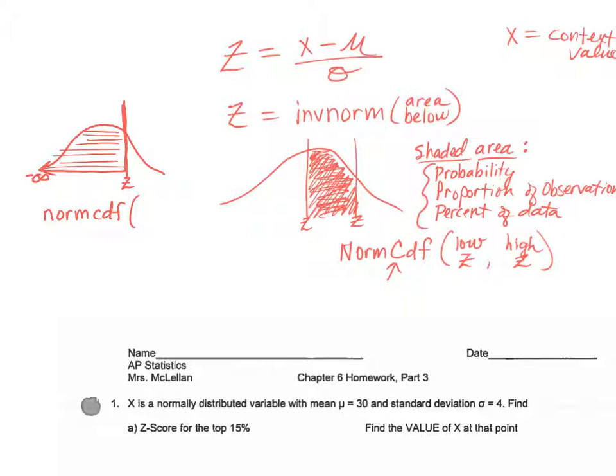And how many z-scores represent negative infinity? In our calculator, we're going to represent that with negative 99. How many z-scores are on a normal curve? Three up and three down is the primary ones. So 99 standard deviations away, that's way far away. So in this case, the area below would give us negative 99 up to that particular z-score.